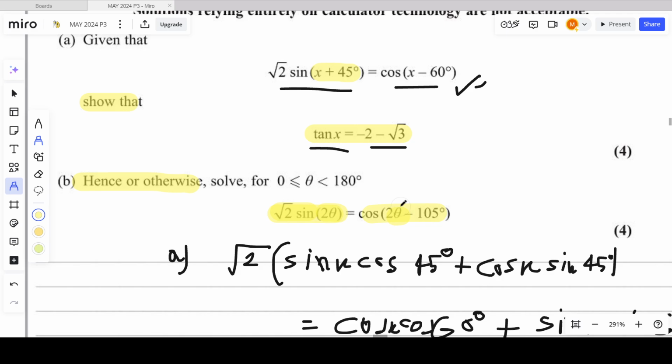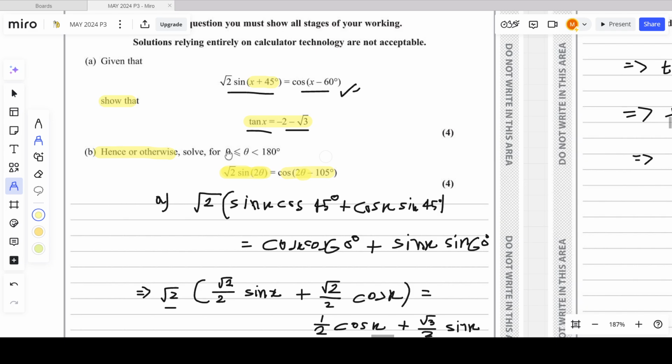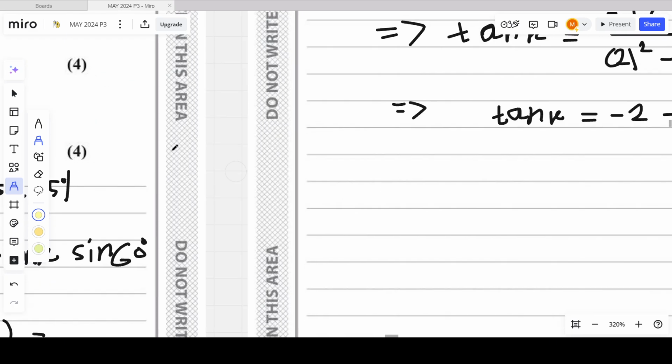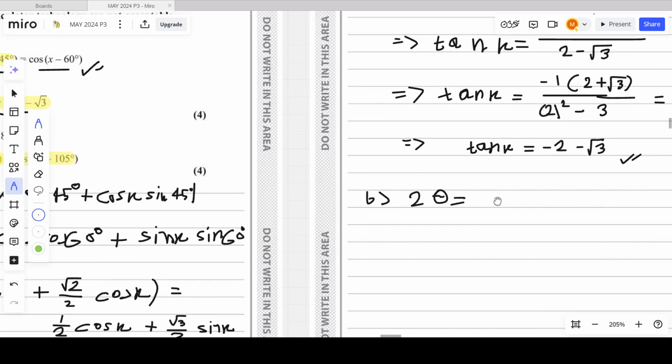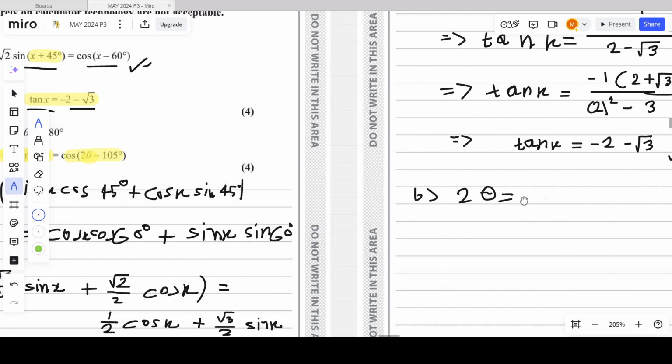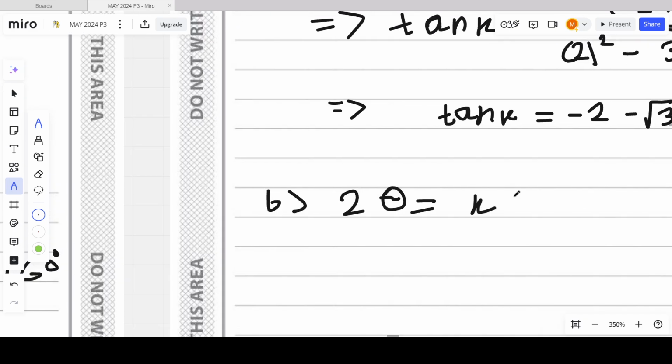We need to compare the given equation with the previous equation. So if you compare, you can write 2 theta equals x plus 45 degree, comparing with the previous equation.